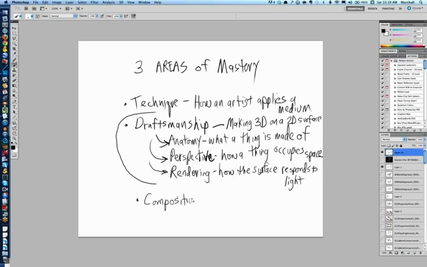The reason why composition is the most important is because some of the greatest artists in history, like Van Gogh, were not skilled draftspeople in the traditional sense. And yet his choices of color, his choices of shapes, his choices of how to apply the technique one way versus another way, his choices of how big to make things or how small to make things.